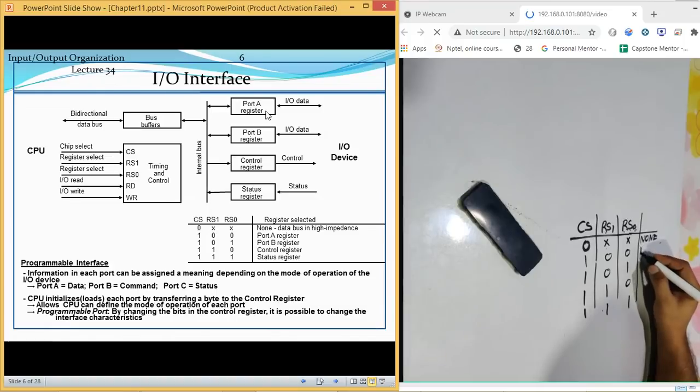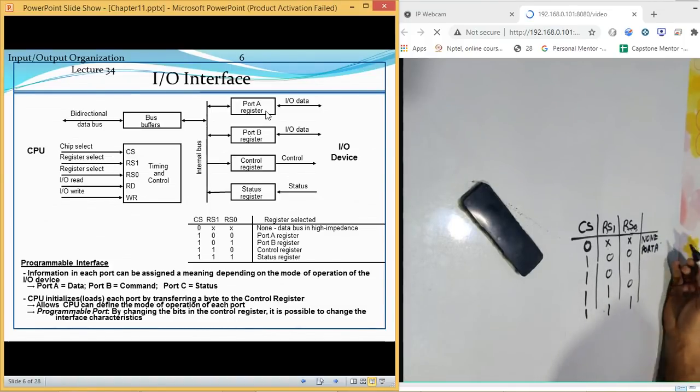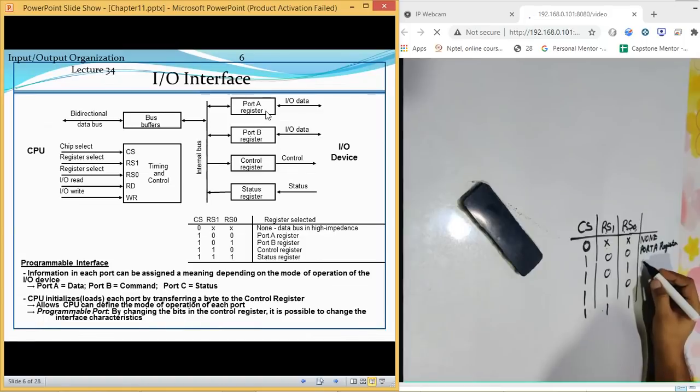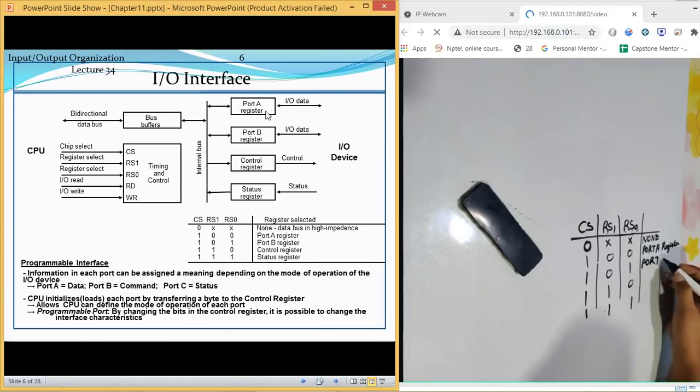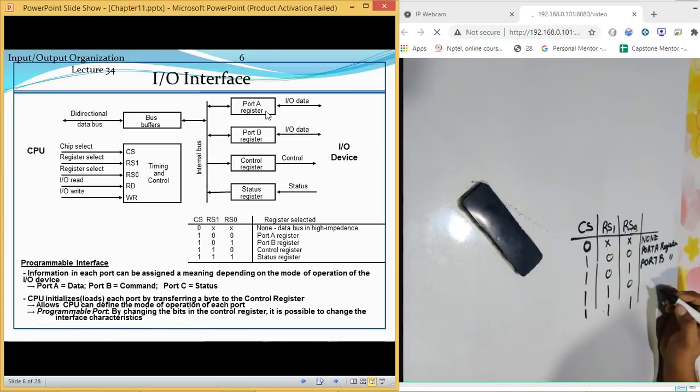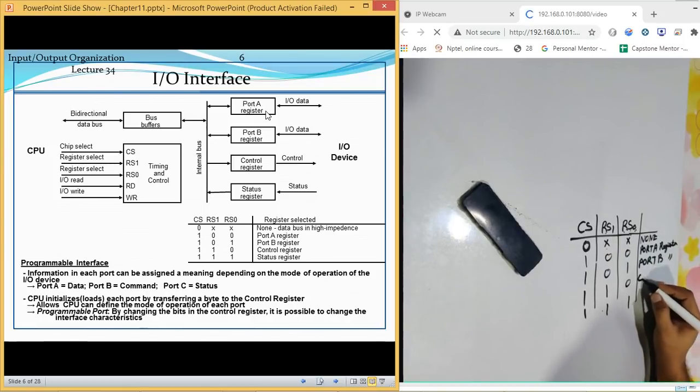So the port A register will work. Then for the second, the port B register will work. For the third, the control register will work.